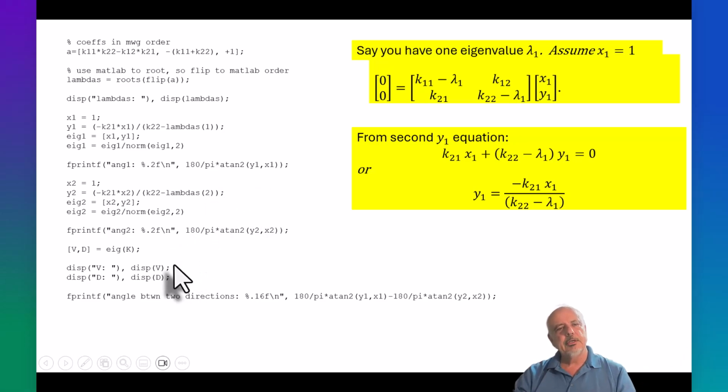And then I wanted to see what MATLAB would give me and how you can use the eig function. So I give eig the K matrix, and the V is going to be the eigenvectors, and D is going to be a diagonal matrix with the eigenvalues in it.